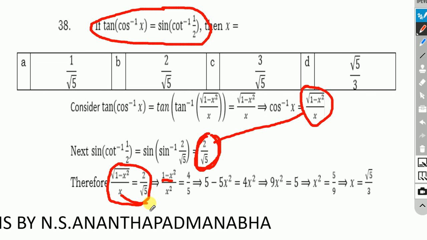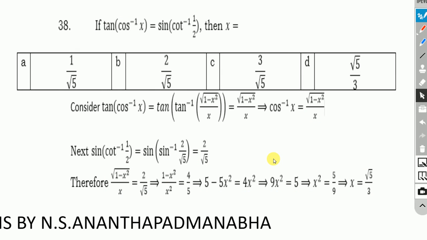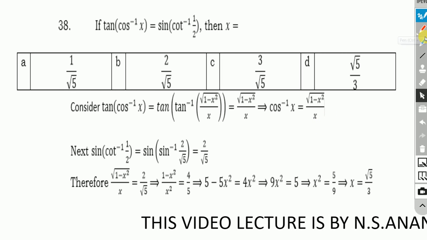So let us cross multiply to get 5 minus 5x square is equal to 4x square, or 9x square equals 5, or x square is 5 by 9, which implies x is equal to root 5 by 3. So root 5 by 3, which is in option D here. So option D is the right answer.